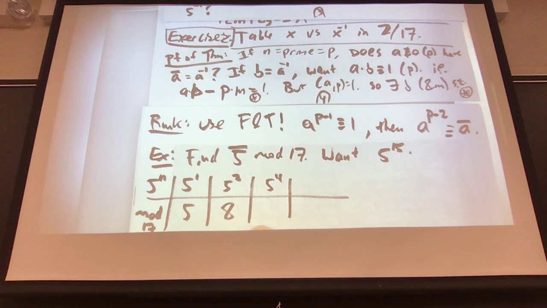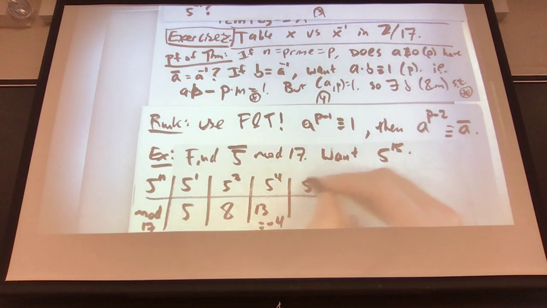Is that right? So I want 8 squared. 8 squared is 64. 64 mod 17. 51 is a multiple, is 17 times 3. So I'm left with 51 to 64 is 13. And 13 is minus 4, if you want to do it that way. Let's just leave it as 13, although for what I'm about to do next, it's better to use minus 4.